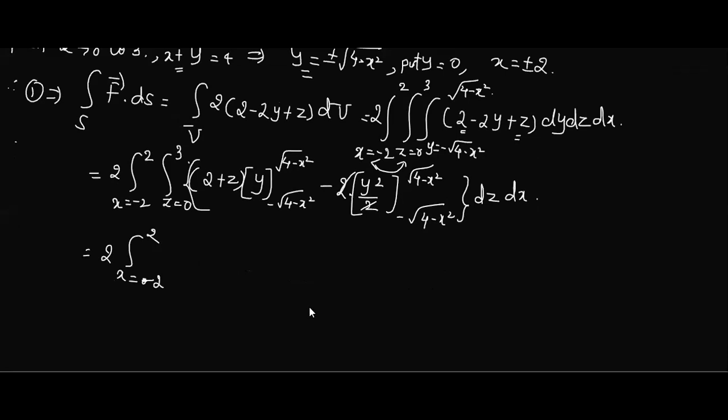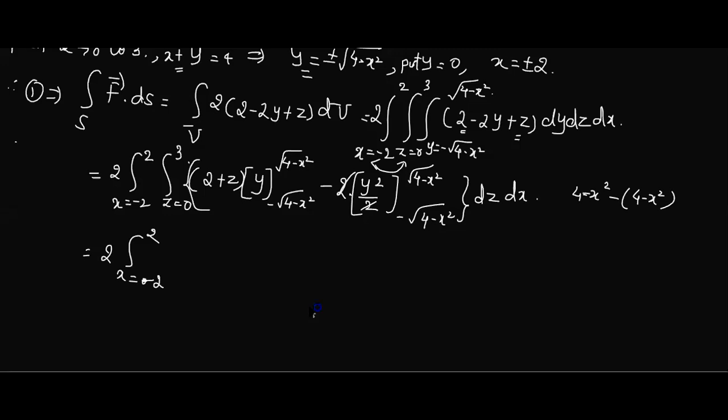Why? Because if I put the upper limit, it is 4 minus x square. I have to square it, right? It is 4 minus x square minus the lower limit. If I square, the negative whole square is still positive only. So what will I get? 4 minus x square only, correct? Both will go if the power is 2. So actually this term goes to 0.